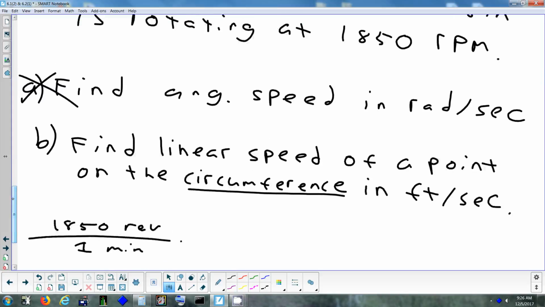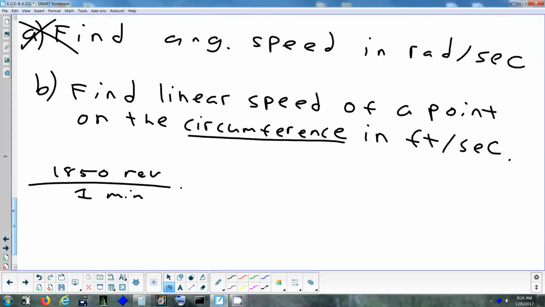Okay, so it says find the linear speed, and it wants it in feet per second. Well, let's deal with the time first. How many seconds in a minute? 60. Right. So now we have a speed in revolutions per second.